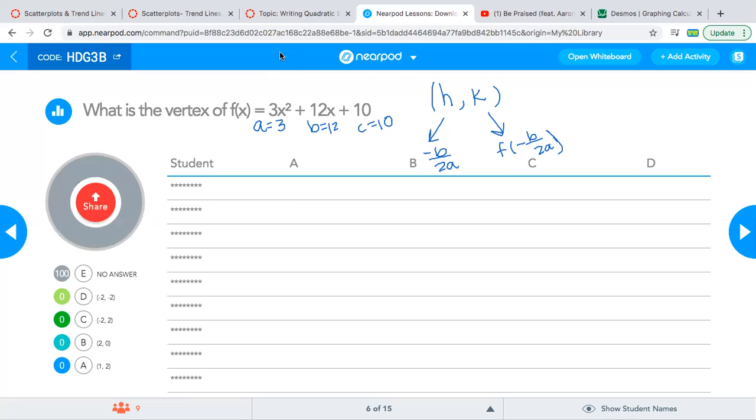Miss Patterson, when we find the x and we're trying to find y, do we plug the x value into the 3x squared and the 12x? Yes.